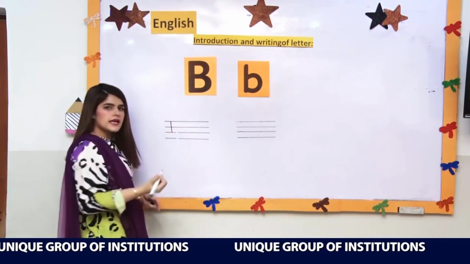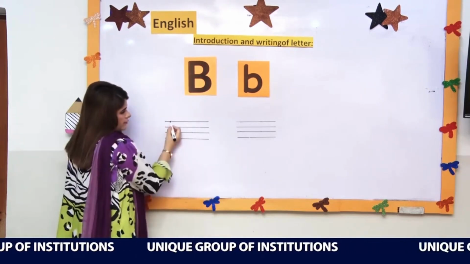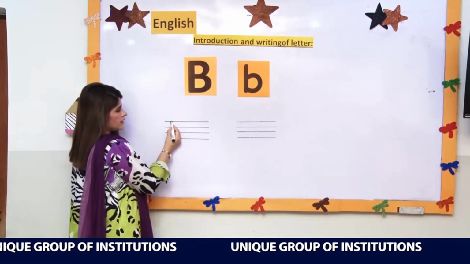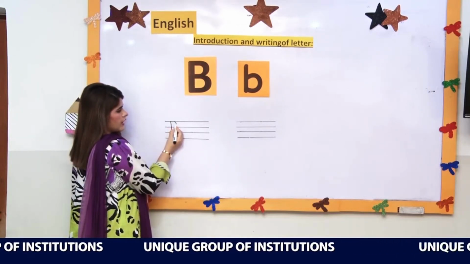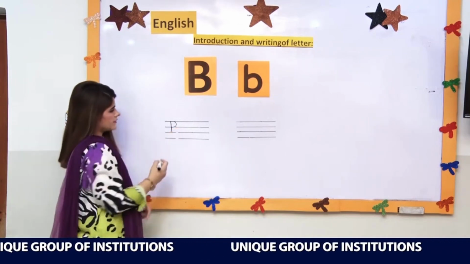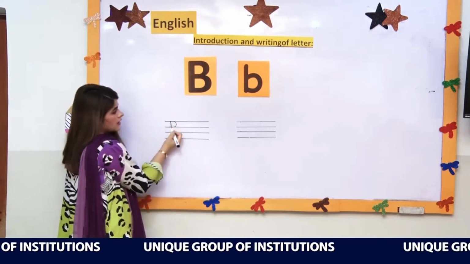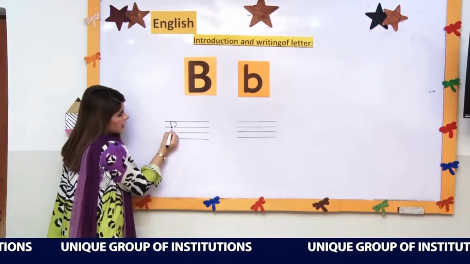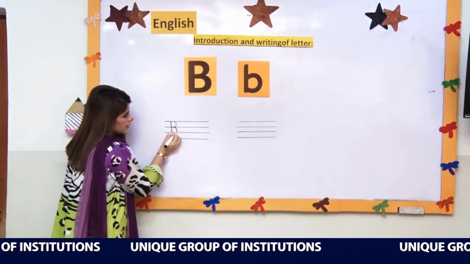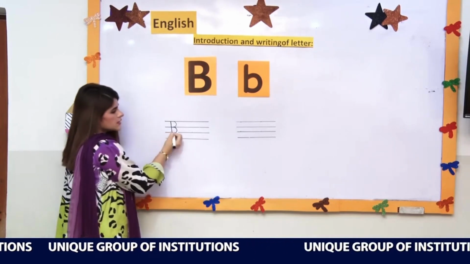This is a standing line. Then after making a standing line, we will start from the first dot and then we will make a curve, go down, down, down and touch the middle line. This is the shape we have to make, writing a B. Start from here again, go down, make a curve and then come to the line.